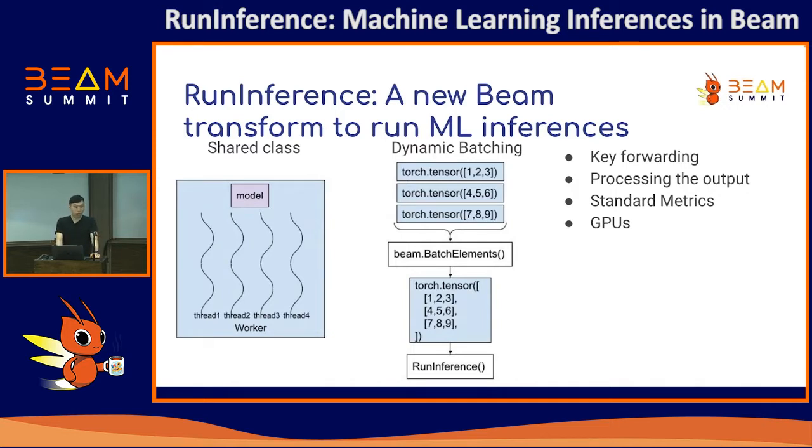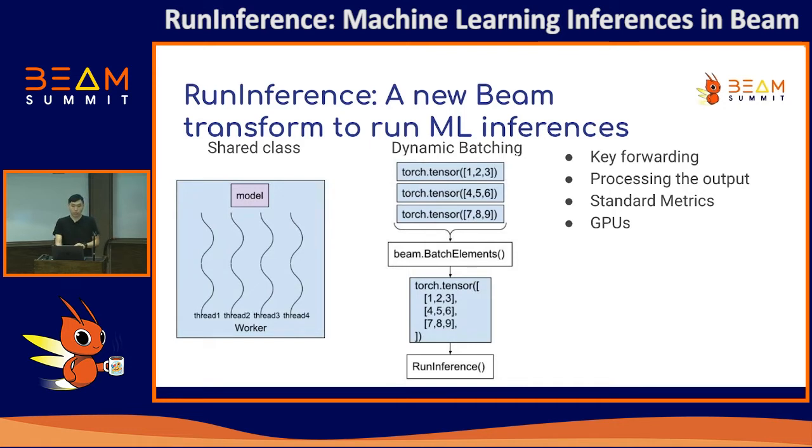For example, on the left, we can see the usage of a shared class, which allows us to load the model only once per process and share it with all the DoFn instances created in that process. So this reduces the memory consumption and model loading time in your pipelines.